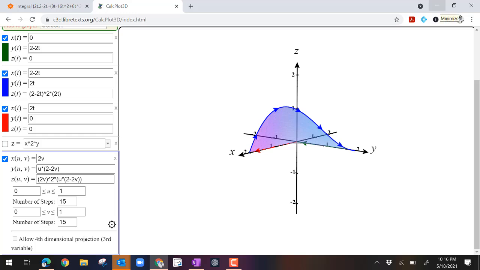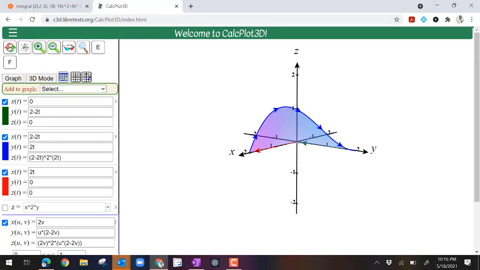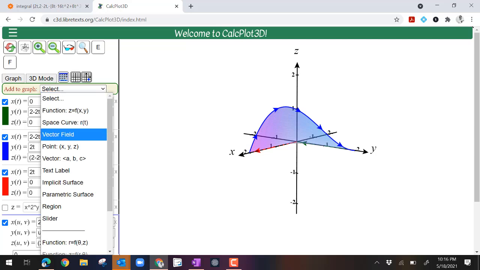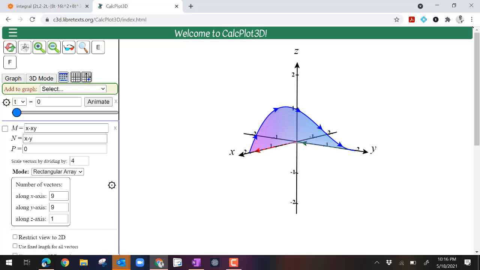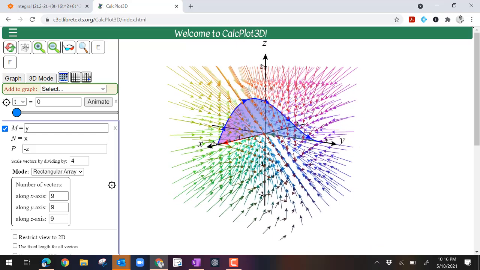We haven't even drawn the vector field, but if we draw the vector field here, this is where it might start getting confusing. The vector field was y comma x comma negative z, and let's fill up the whole vector space with the vectors, and it would go like this.